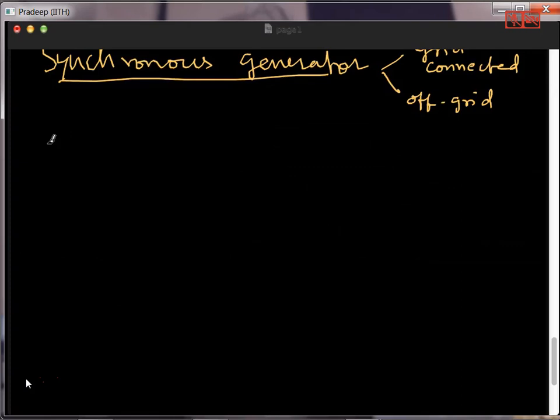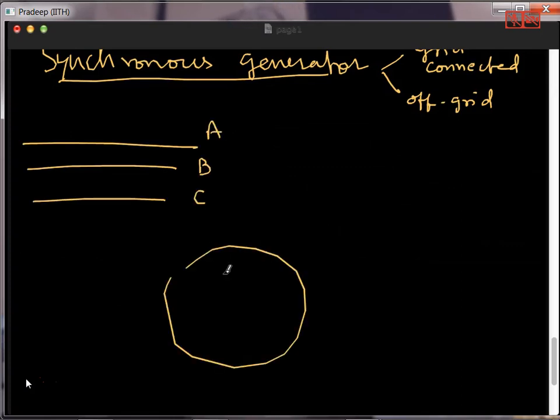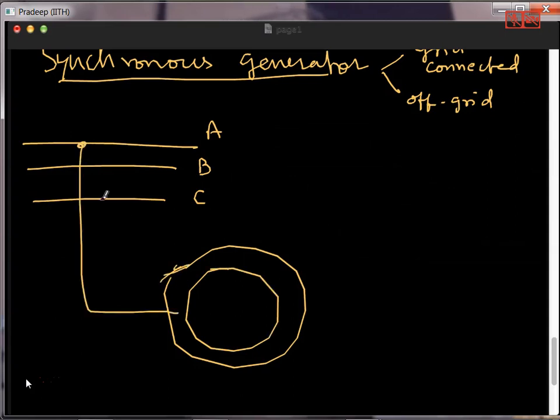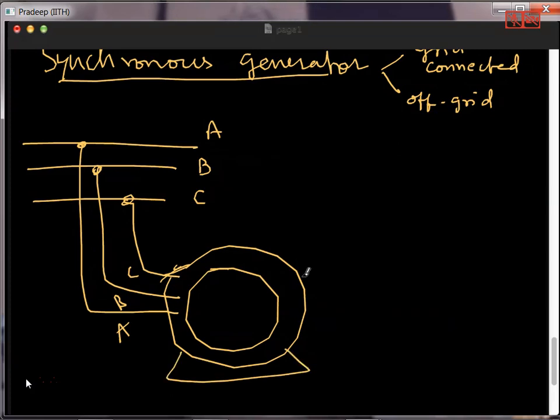So these are the lines A, B, C, supply lines, and this is the stator. This is A, this is B, and this is C. So this is what happens in the stator as it is. What is the effect of this?